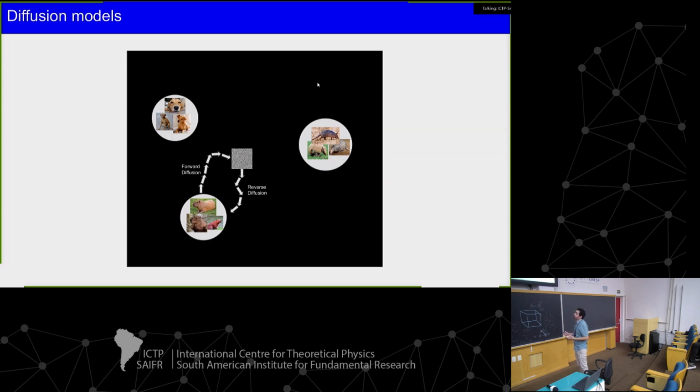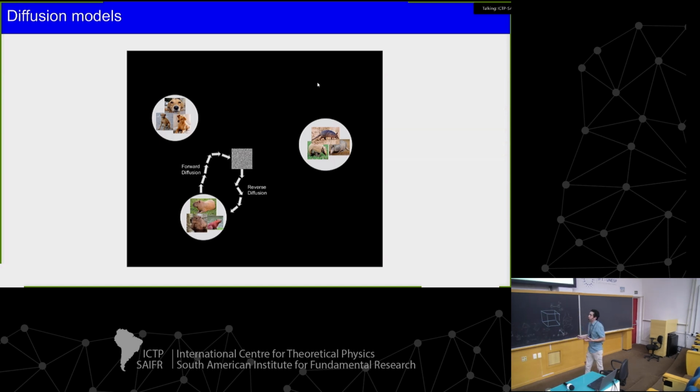You have like three clusters of images here, and you want to generate images that can be, for instance, sampled from the distribution of capybara images. The way to do this is to start with a random, pure noise image and navigate in this space until you have an image related to this one. But it would be impossible to do this if you don't have a guide, which I will show you later.